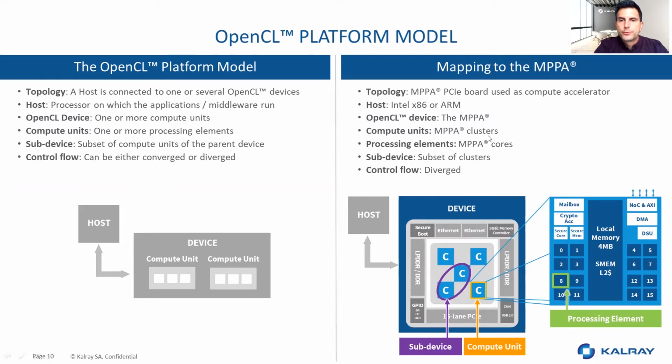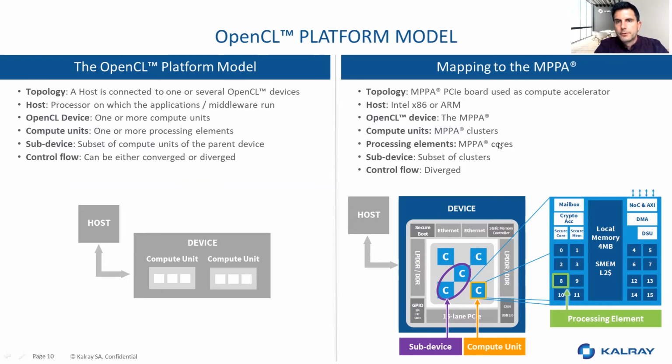If we now go to the MPPA architecture and see how this is mapped, the host is usually an external processor, which will be an x86 or ARM-based architecture. The OpenCL device will be the MPPA itself, the full MPPA. The compute units will be the clusters of the MPPA.